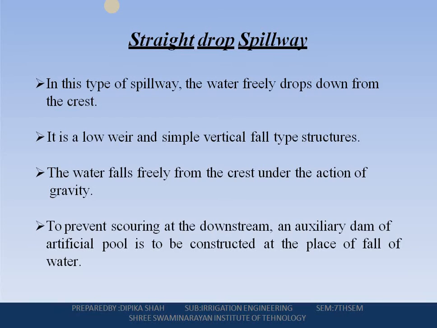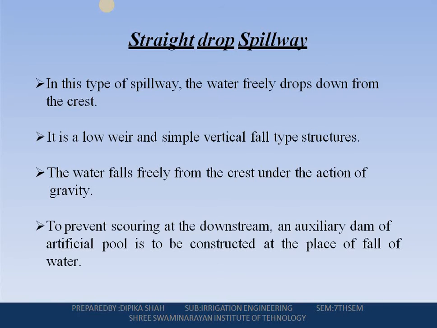So first one is a straight drop spillway, right? We can also say free spillway. So a free spillway is a type of spillway in which the control structure consists of a low height, narrow crested weir, and the downstream face is vertical or nearly vertical, so that the water falls freely, more or less vertically.